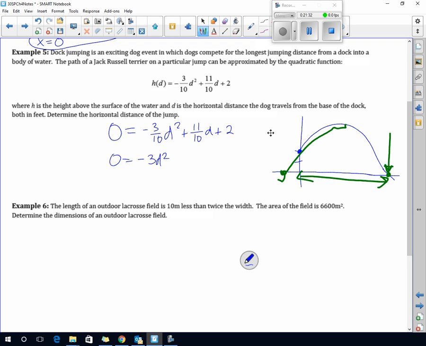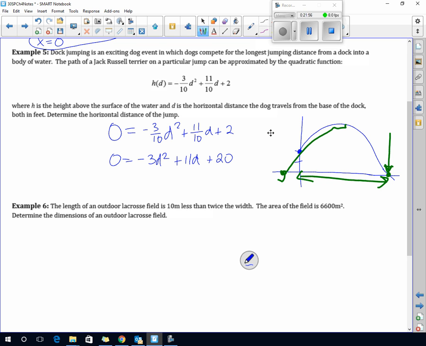Now, the other thing I will highly, highly recommend, I don't even want you to try ever solving by factoring when your a is negative. There are so many mistakes that could occur because you're trying to factor with this negative 3. There's an easy trick. All you have to do is multiply by negative 1 to both sides.